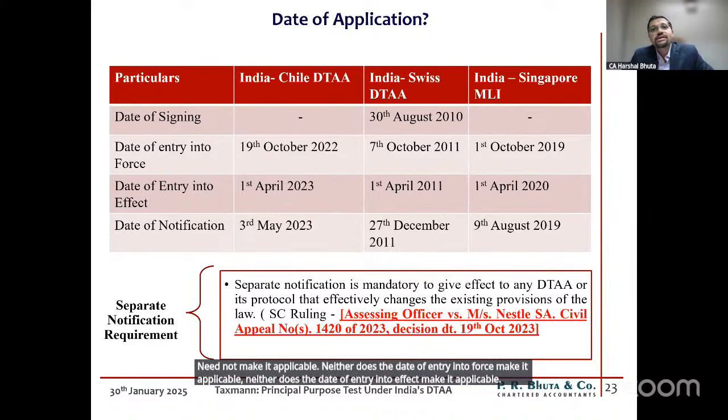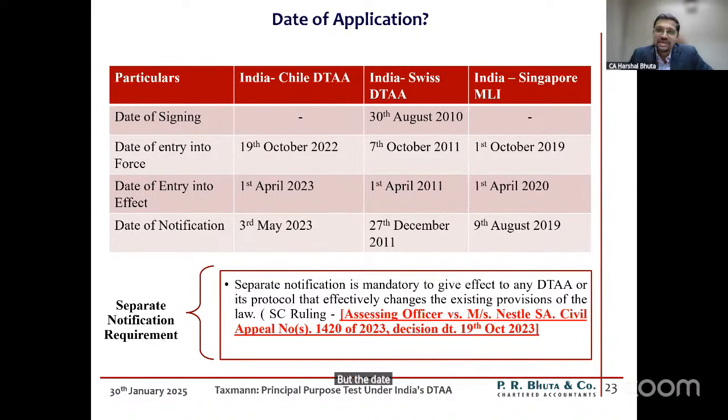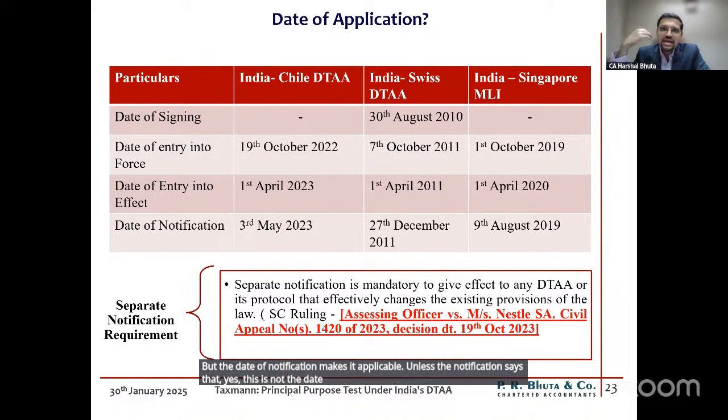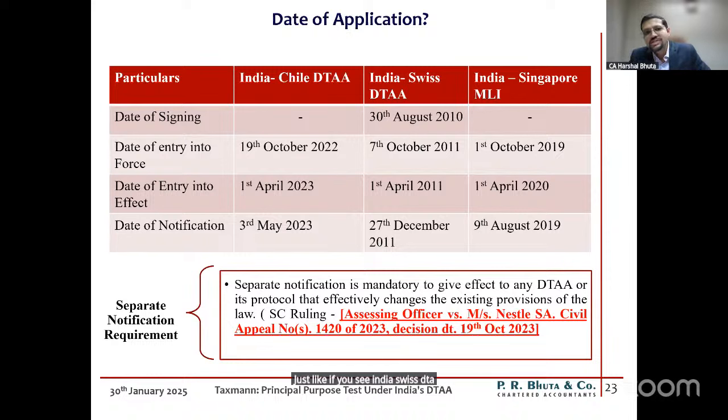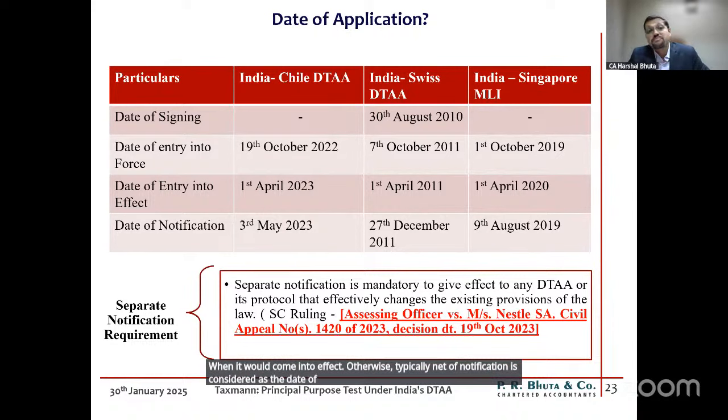But the date of notification makes it applicable. Unless the notification says that, yes, this is not the date which we have in mind in order to make it applicable. Just like if you see the India-Swiss DTA, the notification specifically gives a date when it would come into effect. Okay. Otherwise, typically the date of notification is considered as the date of applicability.